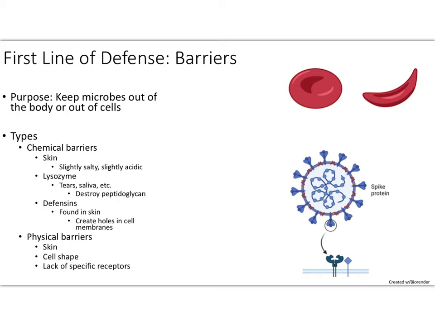So our skin is slightly salty and slightly acidic, so it has a little bit of a low pH and a little bit of a high tonicity or osmolarity. And this keeps many different types of microbes from being able to successfully live on our skin. So it doesn't keep all microbes from getting on our skin.